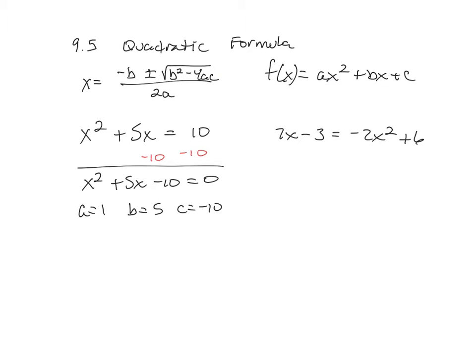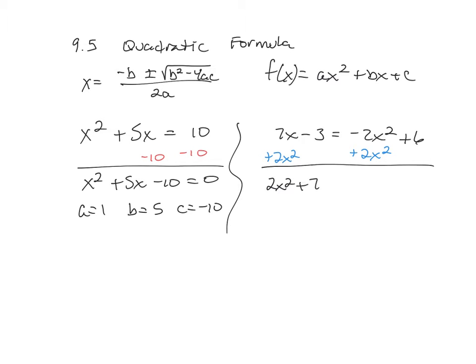Okay, so one like this, it really doesn't matter which side you go to, but I always kind of like the squared part to be positive. So if it's already positive, then I would move the 7x and the 3 over to the right side. But since it's negative, then I want it to be positive, so I would add it over here. It usually just works out nicer in the problem.